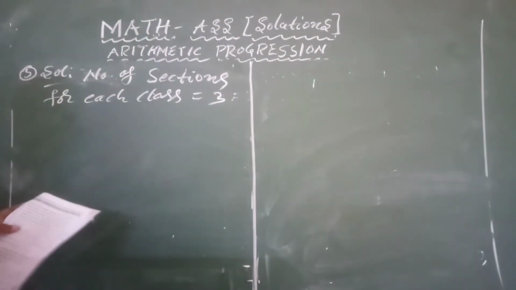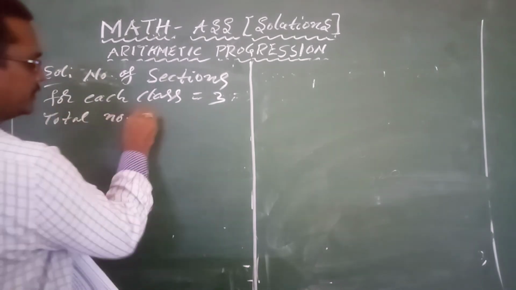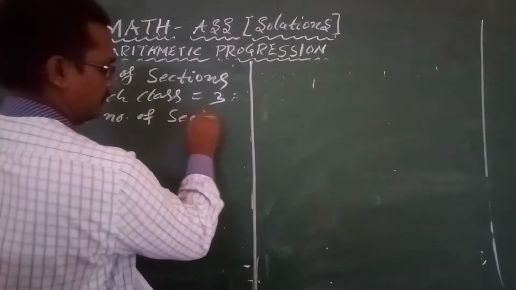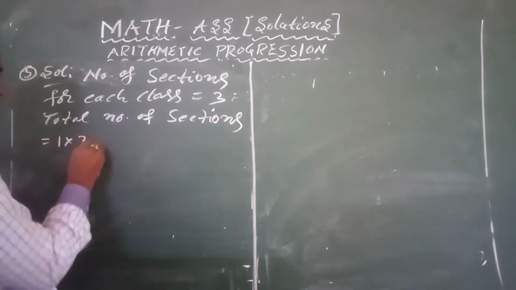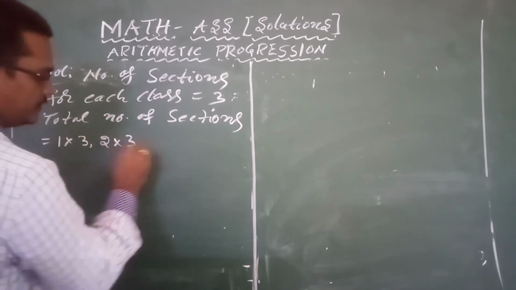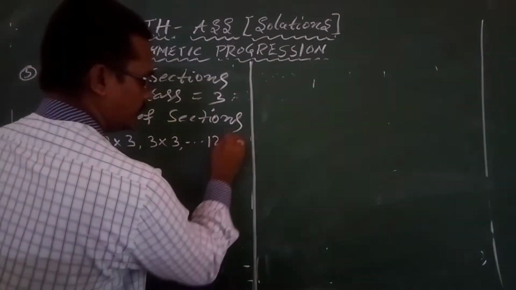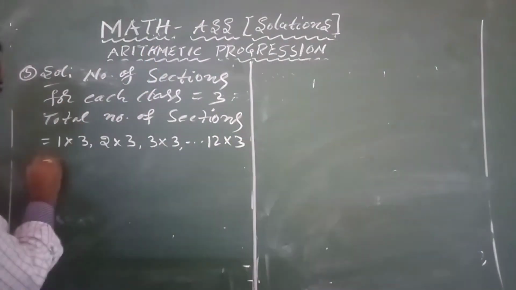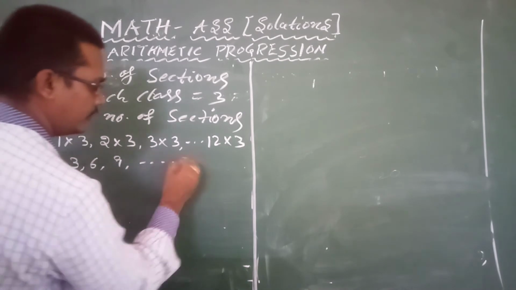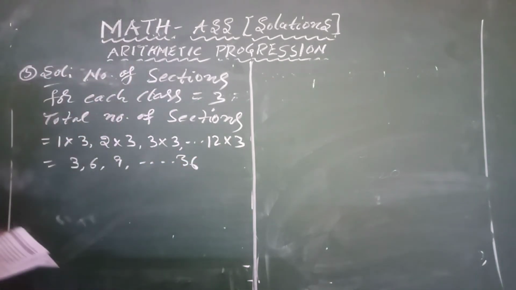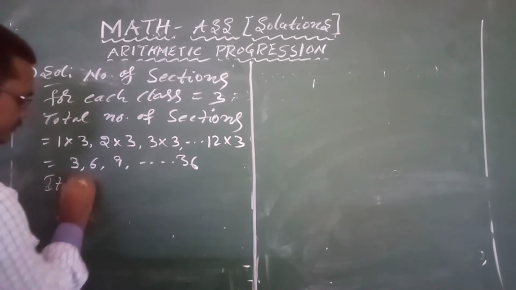So the total number of sections is: first class 3 sections, second class 3 sections, third class 3 sections, and so on, up to the 12th class with 3 sections. Simplify this: 3, 6, 9, and so on, up to 36. Now this is in AP series.